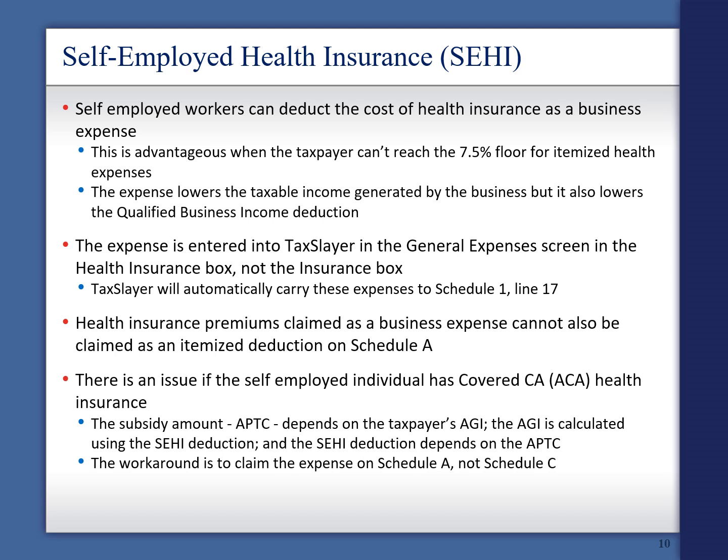Remember, LTC premiums are capped based on the age of the individual. Those caps don't show up when entering SEHI deductions, so check the TaxSlayer LTC page for the limits based on the age of the taxpayer or refer to Publication 4012. Finally, there's a problem if the self-employed individual has Covered California and is getting an advanced premium tax credit that must be resolved on the return.